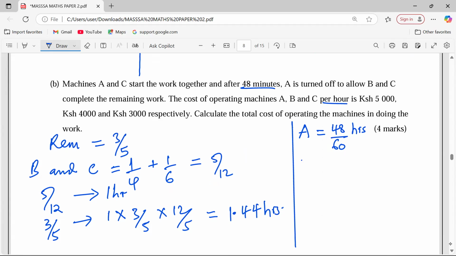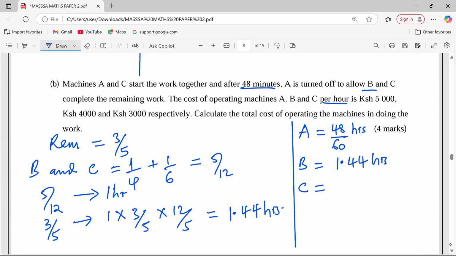What about B? B is going to work for, to allow B and C, so we had B working for 1.44 hours.